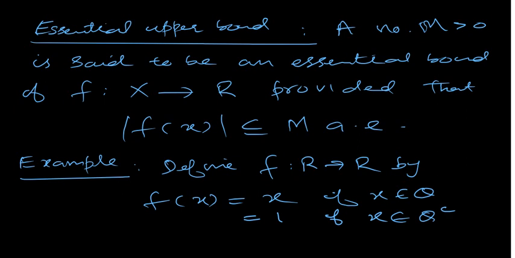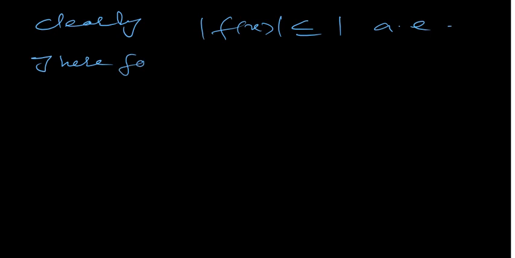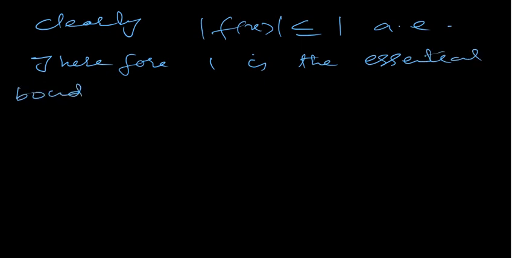Then this is obviously less or equal to 1 on Q complement, and the complement of Q complement is Q, and the measure of Q is 0, so it's less or equal to 1 almost everywhere. So clearly mod of f of x is less or equal to 1 almost everywhere. So therefore 1 is the essential bound of f.